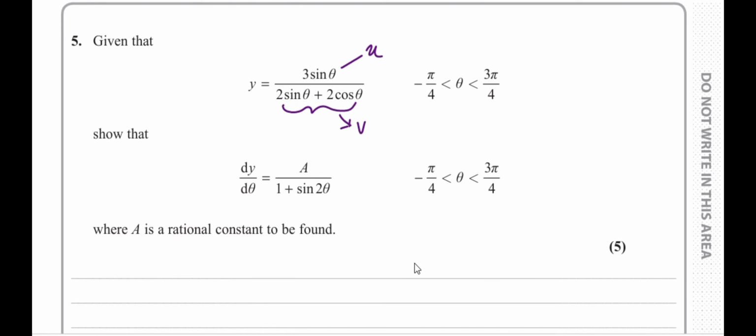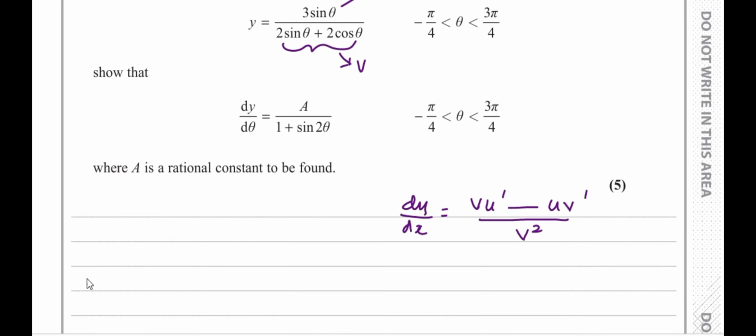So what's the formula? dy by dx is equal to vu dash minus uv dash over v square. So let's plug those values into this equation. So dy by dx is equal to, okay, so always remember we cannot interchange the numerator. We should start with v and then differentiate u.